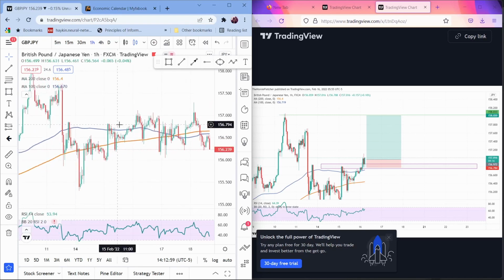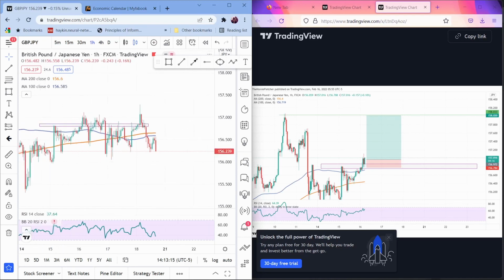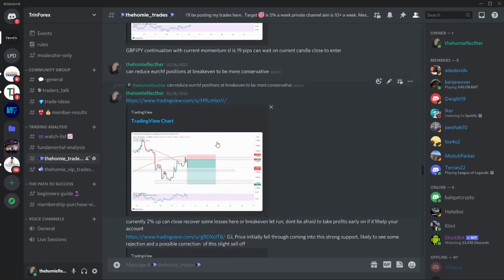Right around here I was looking for a continuation. Price pushed up a little bit, but then you see we did kind of maintain this level right around here, and then price failed to hold that level and actually pushed away from it. So this resulted in a small loss as well on the JPY. So that was a small loss for me.